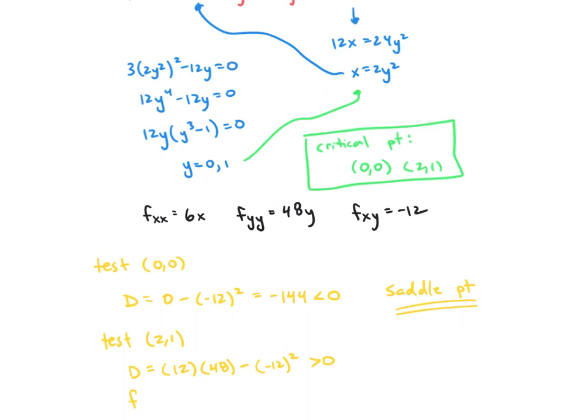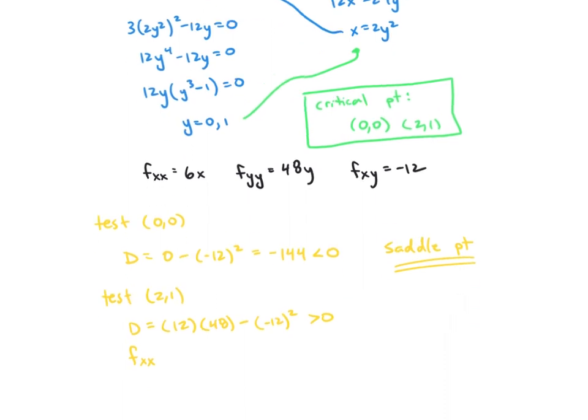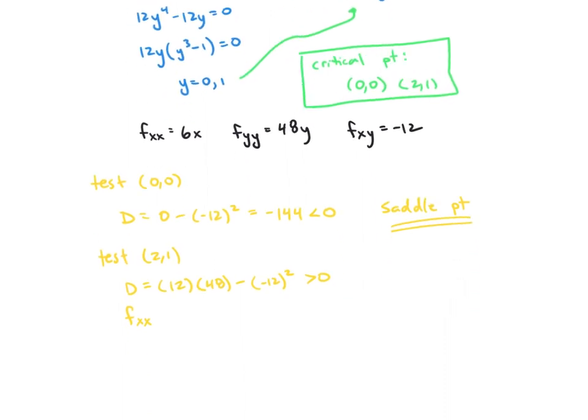Okay, so that means that we're looking at the second partial derivative with respect to x at 2, 1, and that's 12, which is greater than 0. And so because we have that second partial derivative with respect to x positive and d is positive, that means that this will be a local minimum.